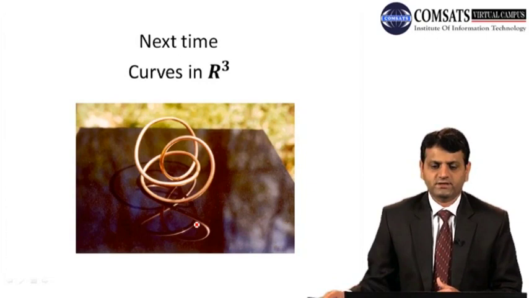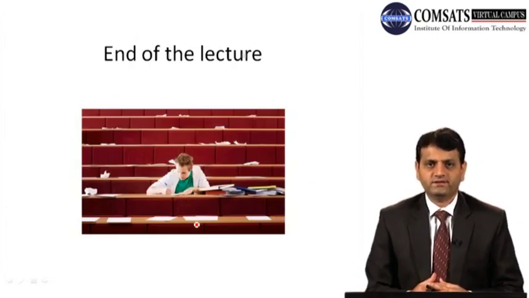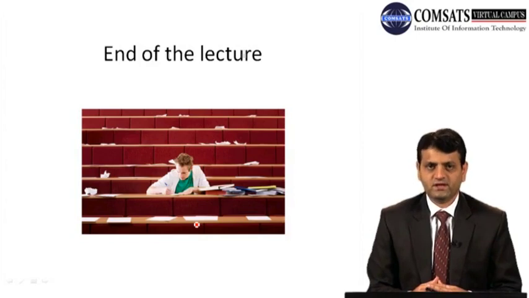So what have we learned in today's lecture? We have learned what a directional derivative means. Basically we chose a curve on a surface, and then we calculated the derivative at a point of that curve, and it was the same thing as we calculated in calculus of one variable.